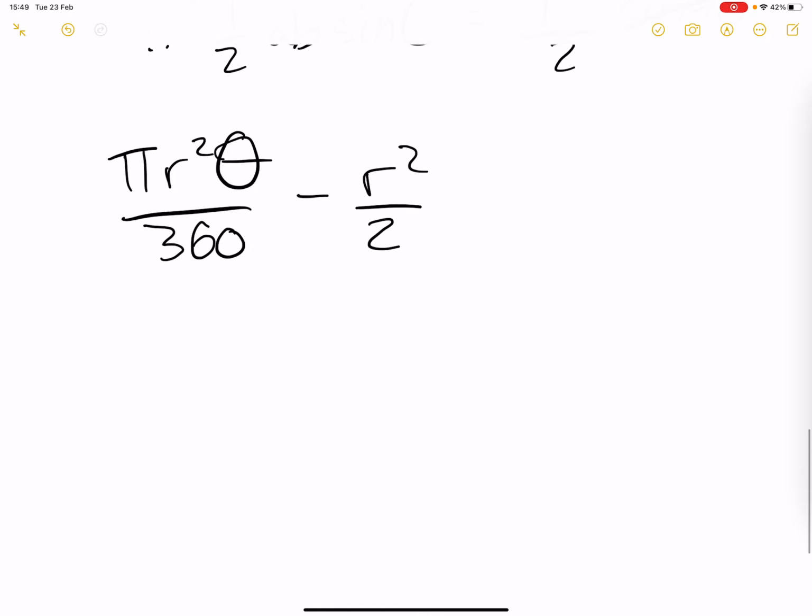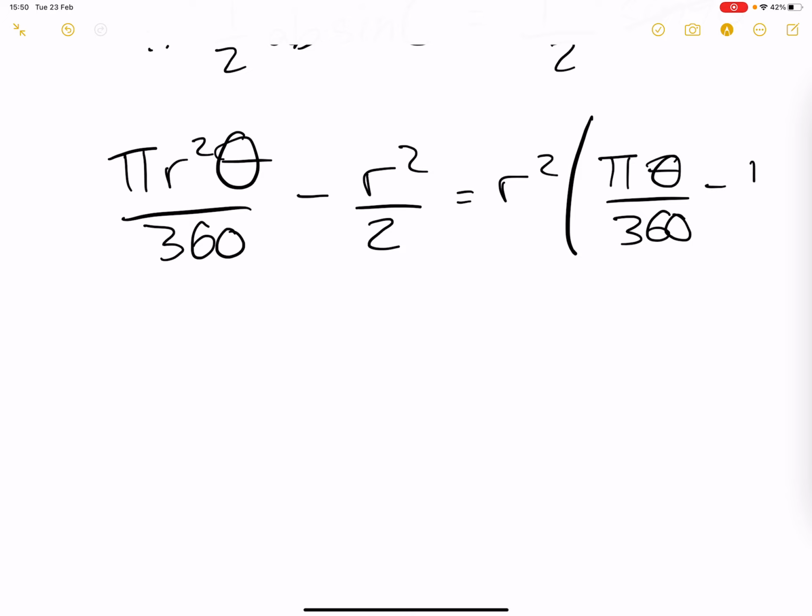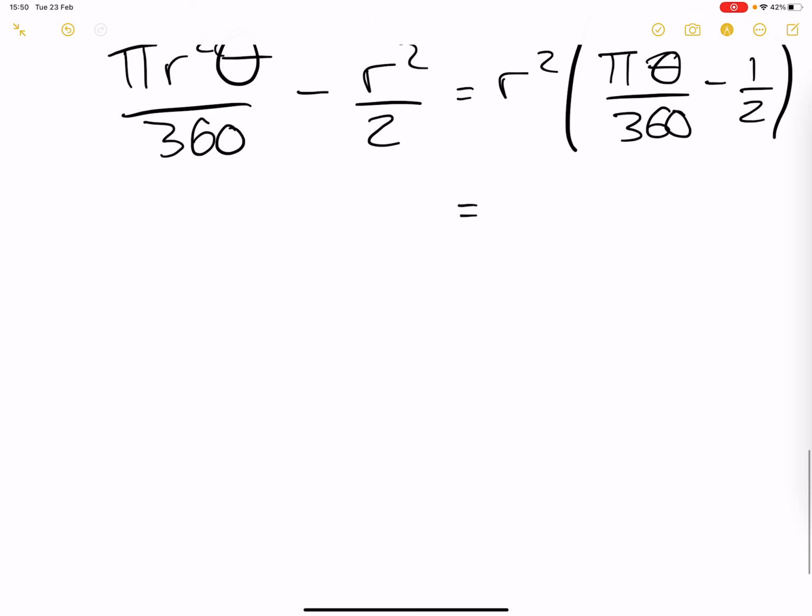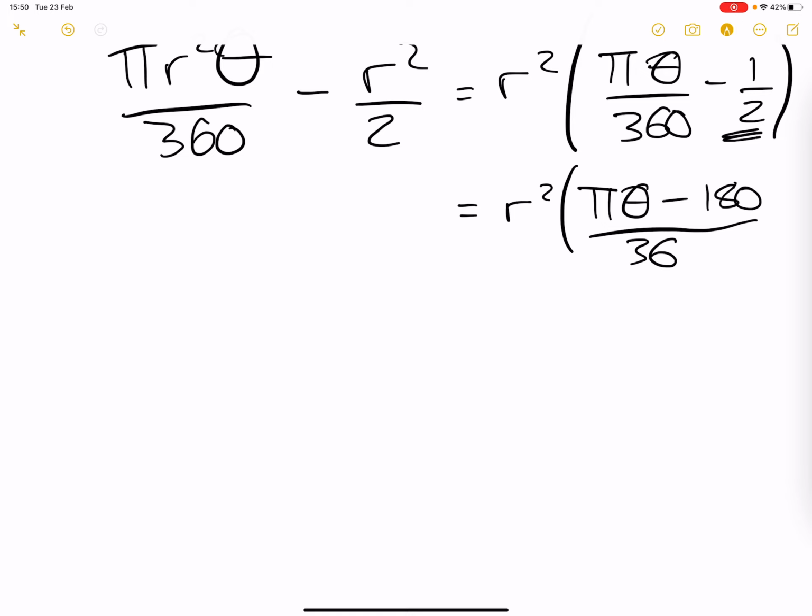If I take a factor of r squared out, that will give r squared multiplied by pi theta over 360 minus a half. And if I get a common denominator here, that will give r squared times pi theta minus 180 all over 360 shown.